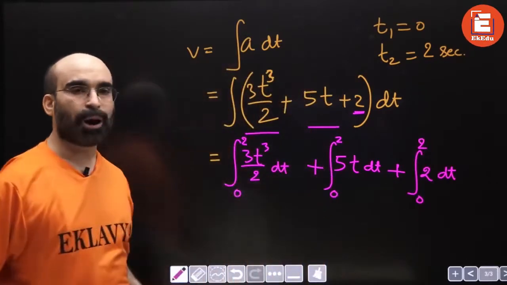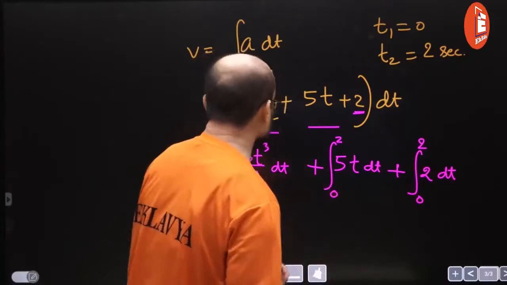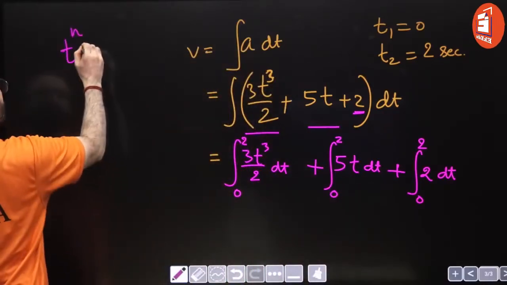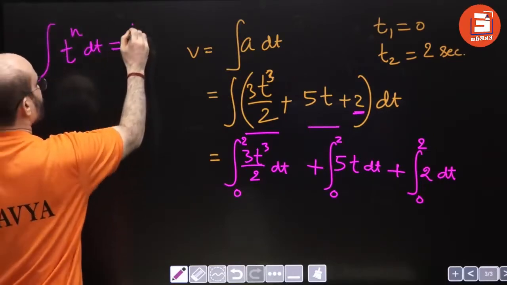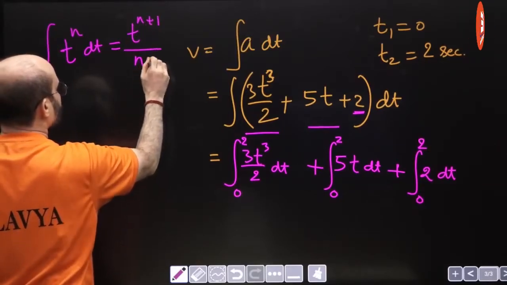This is how we put it, right? Now applying the basic concept I have told you, the integration of t raised to power n into dt will give us t raised to power n plus 1 upon n plus 1.